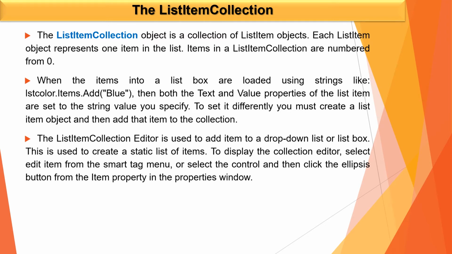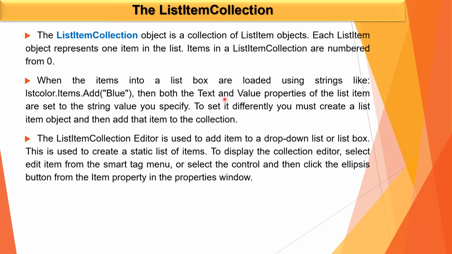This is the list item collection object, which is the collection of list item objects, and each list item object represents one item in the list. The items in the list item collection are numbered from 0, so it will always be an array, and that array will contain the number of items. When the items in the list box are loaded using a string, like ListBox1.Items.Add, the Add method is used, and the value given to this Add method is, here, Blue.